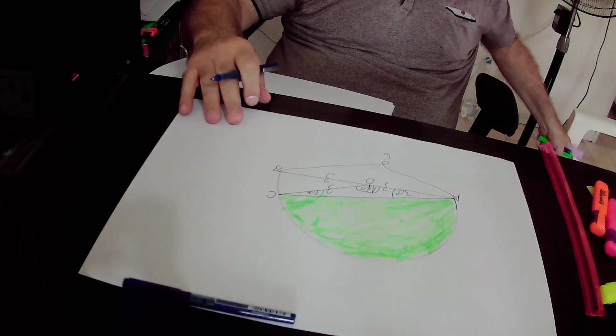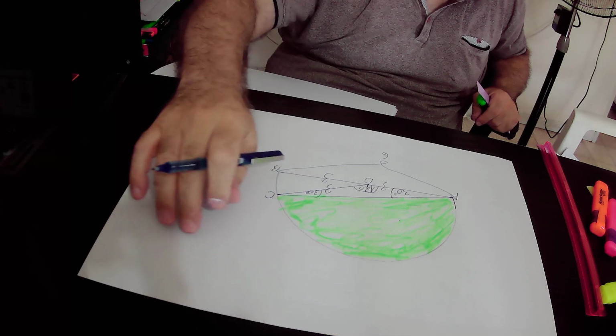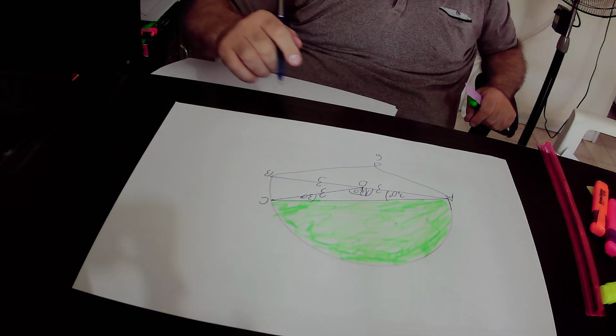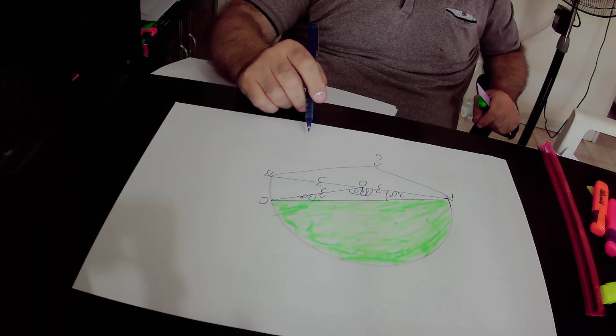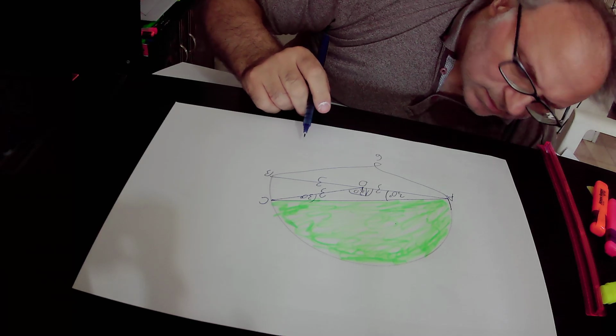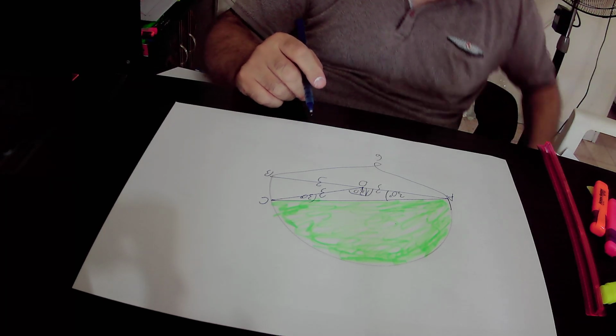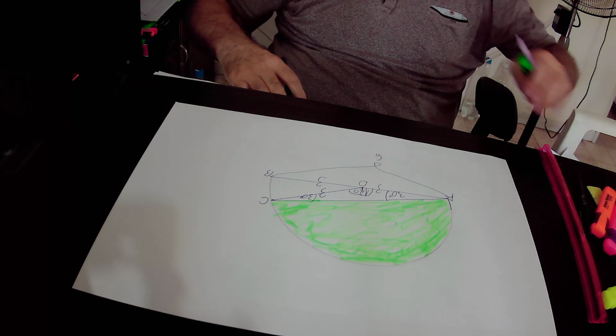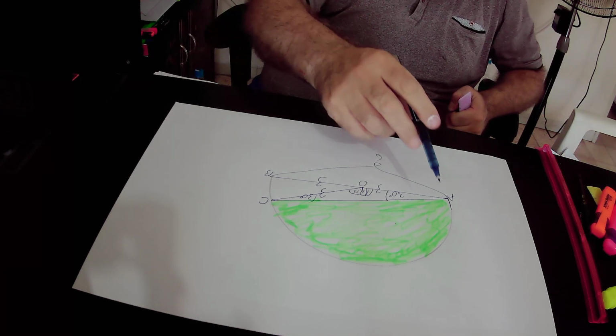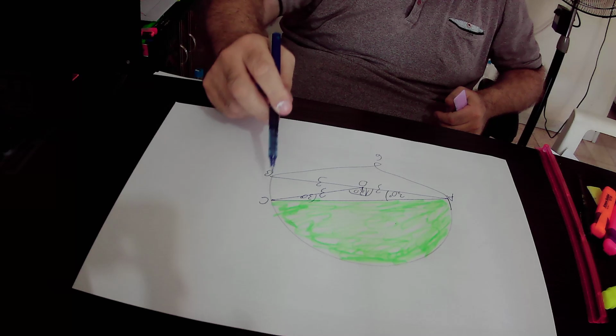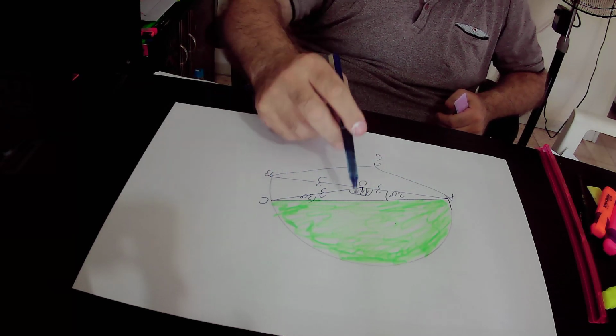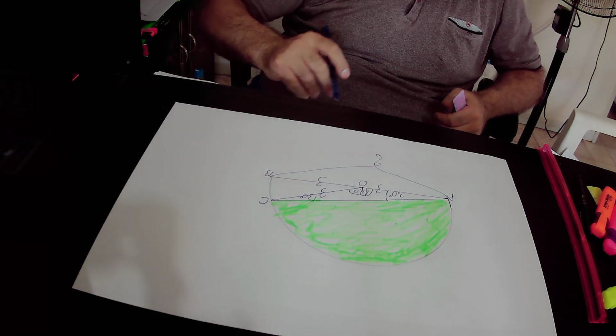But what is actually the area of the green shape? It is very easy to see from the drawing that it is equal to the area of sector AOC minus the area of triangle AOC. So I write it down.